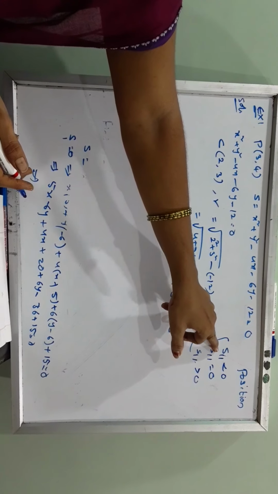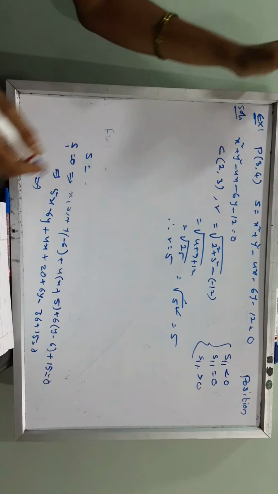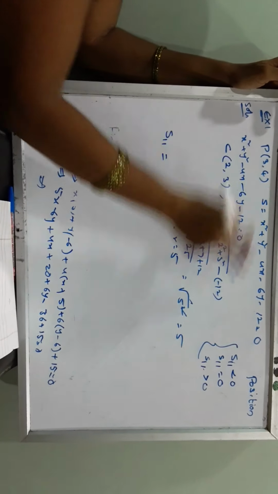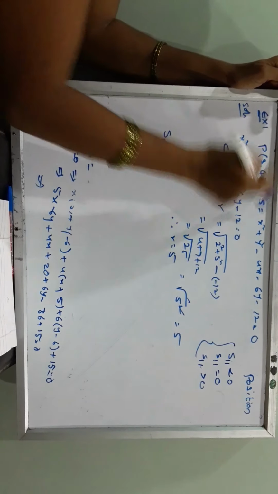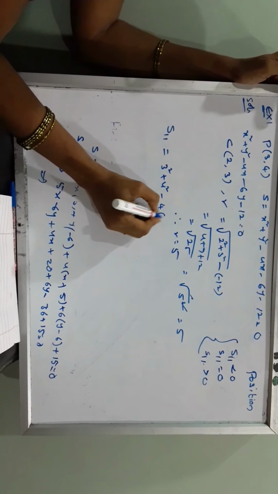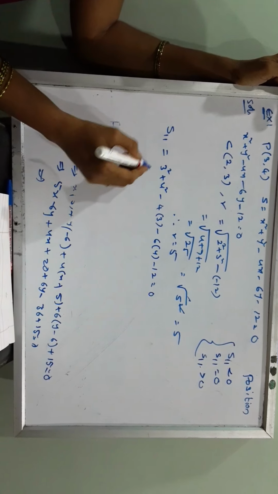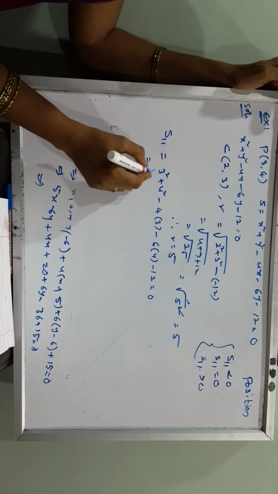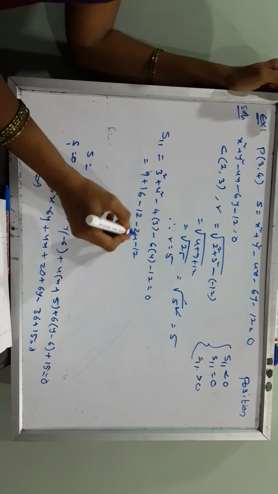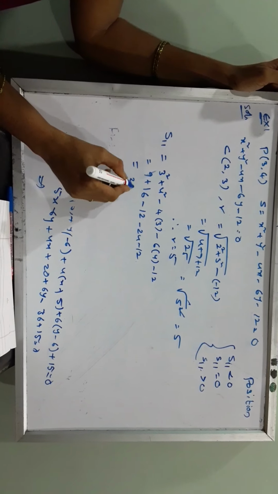Now S11. S11 means put x equal to 3 and y equal to 4. 3 square plus 4 square minus 4 into 3 minus 6 into 4 minus 12. Implies 3 square 9 plus 16 minus 12 minus 24 minus 12, which is equal to 9 plus 16, 25.